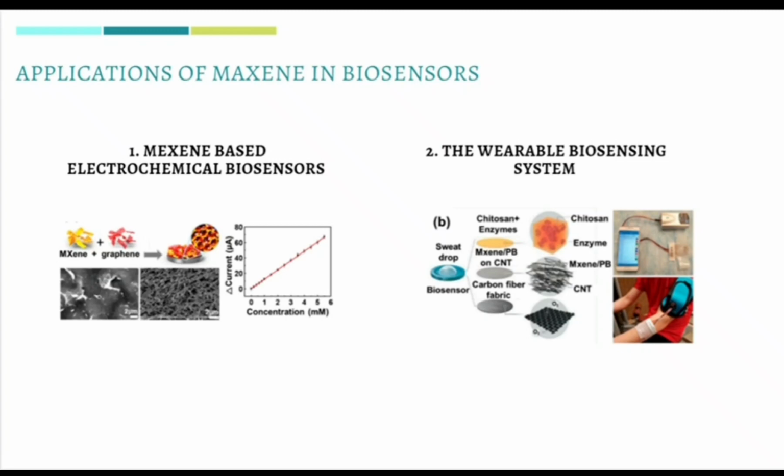The first one is MXene-based electrochemical biosensors, which show us how sensitive MXene is. The second is MXene used in a wearable sensing system for the human body. These two examples show that MXene is an ideal material that we can use to improve pacemakers.